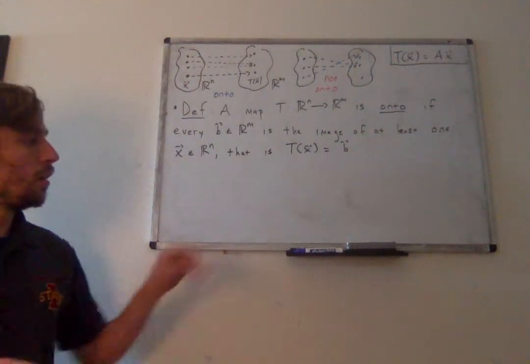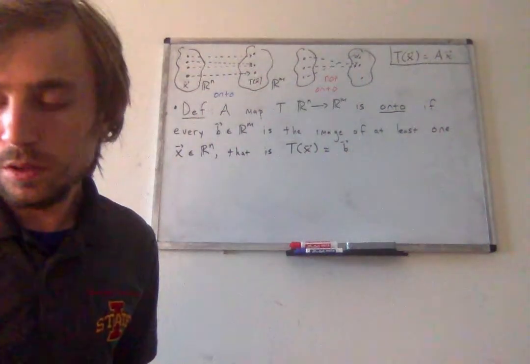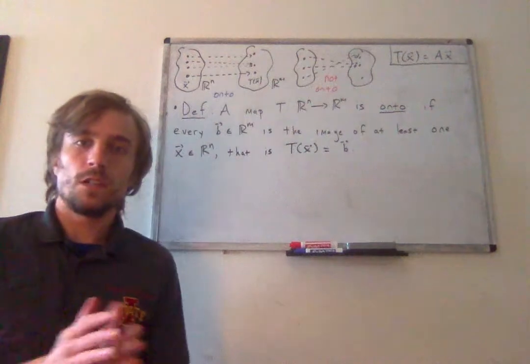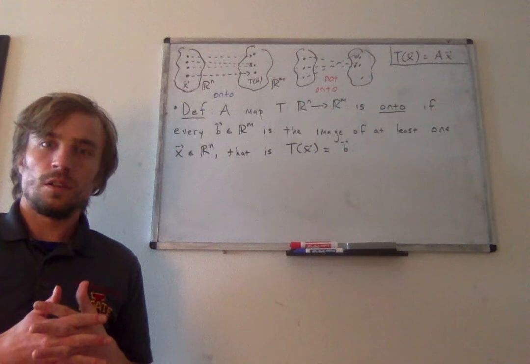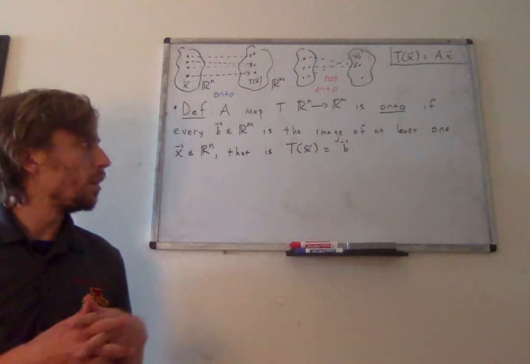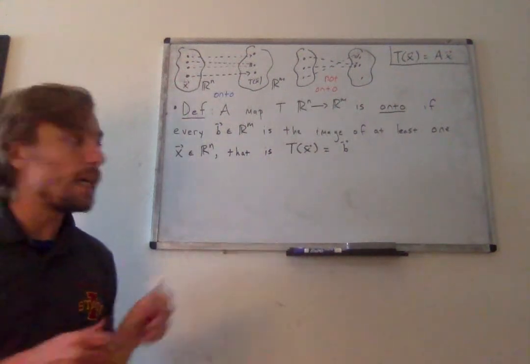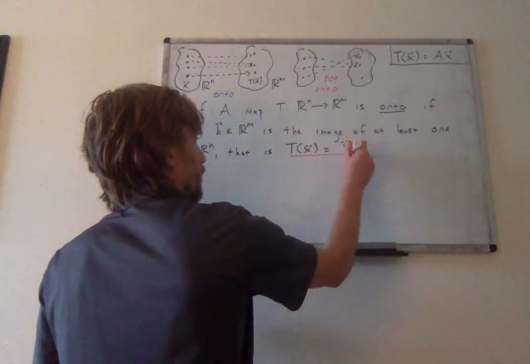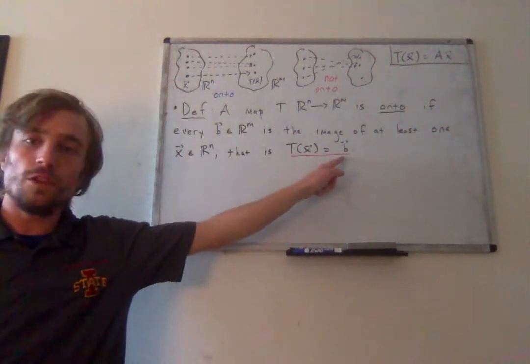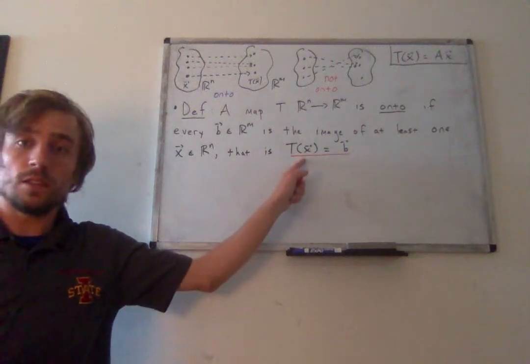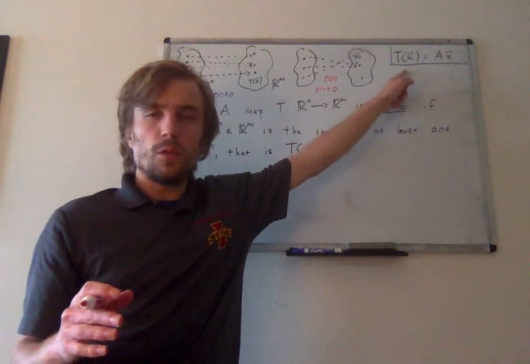All right, so we want to know, when is a linear transformation onto? Well, remember that a linear transformation is just a matrix. So what does that mean? By definition of onto, if T of x is equal to b for every single vector b, so if for every single vector b I can find a vector x so that T of x is equal to b, well, remember, T of x is equal to A times x.